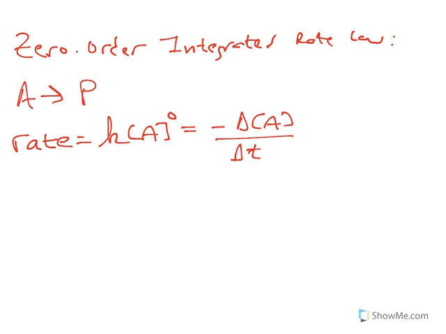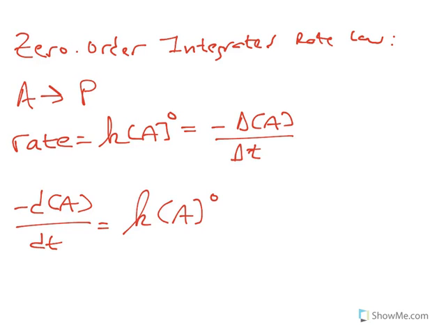So as we've seen before, if we go ahead and set these 2 equations equal to each other, after a little bit of rearrangement, we can have the following expression made.